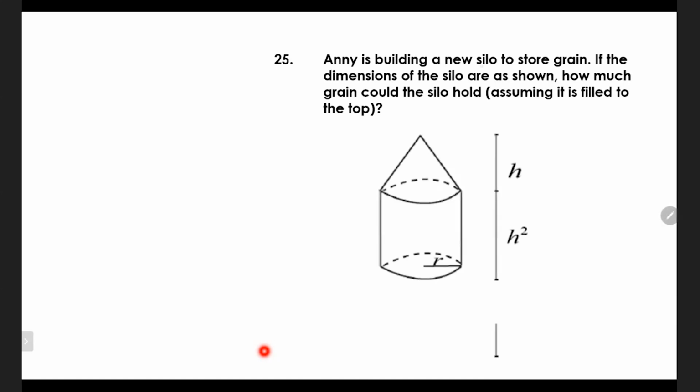Annie is building a new silo to store grain. If the dimensions of the silo are shown, how much grain could the silo hold, assuming it is filled to the top? So grain is nothing but volume of cylinder plus volume of that cone.